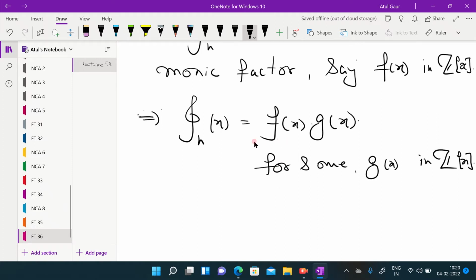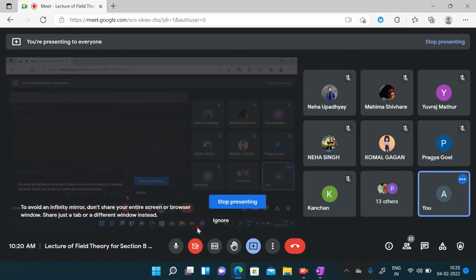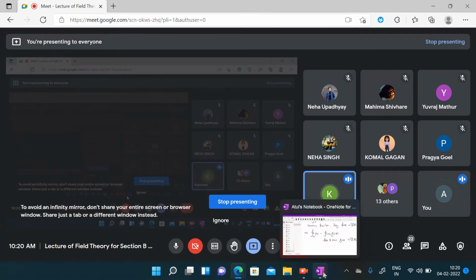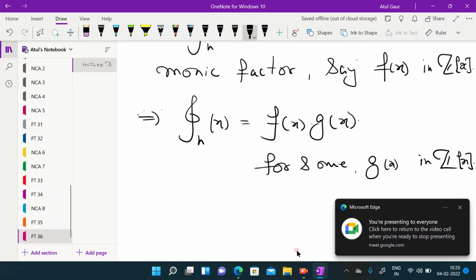Now the point is f(x) is a factor of Φn(x). And what are the roots of Φn(x)? Go to the definition of Φn(x). Primitive nth roots of unity. So the roots of Φn(x) are the primitive nth roots of unity.